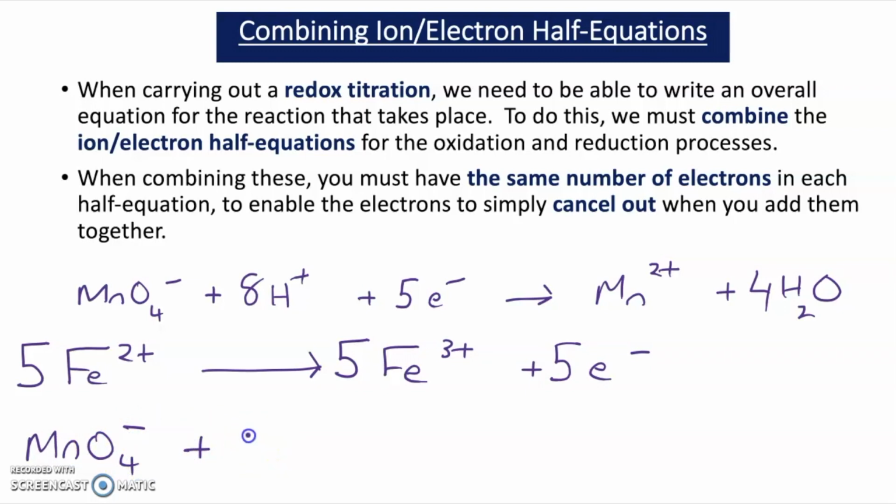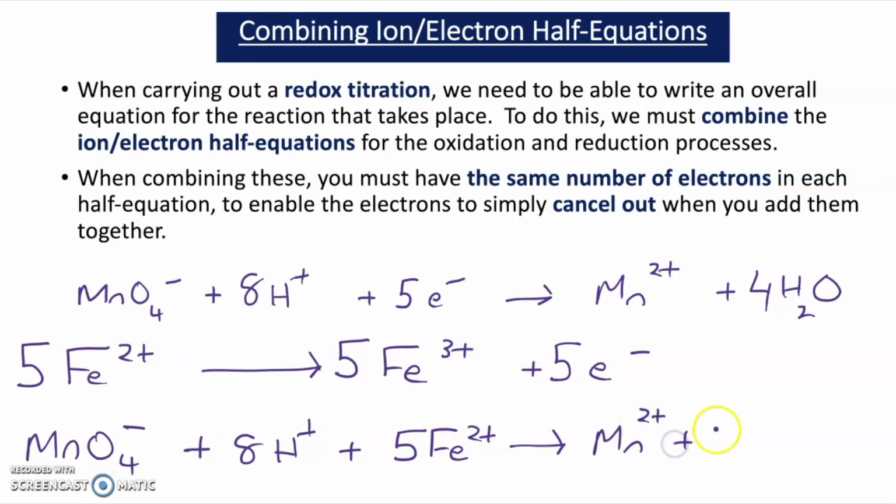So the overall equation would be MnO4 1- plus 8H+ plus 5 Fe2+ goes to form Mn2+ plus 4 H2O plus 5 Fe3+.